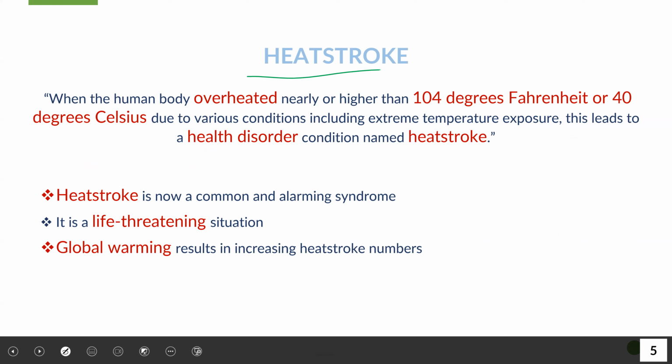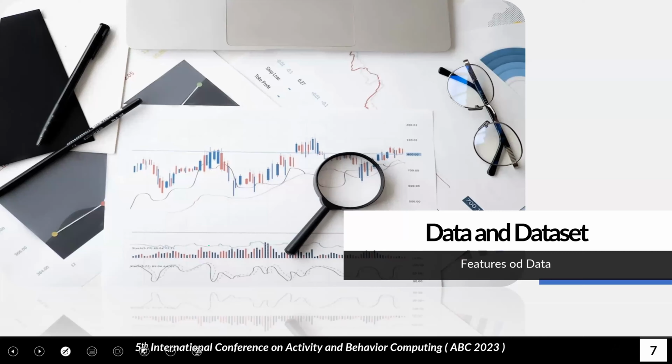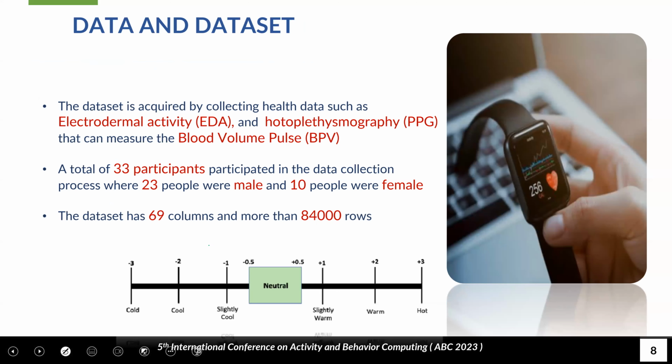As I mentioned, heat stroke is getting worse and worse with global warming, a life-threatening situation, and it's not good for the future. So what do we need? We need to find a solution, and for that we need a data set. In Japan, one university with a company collected a data set.